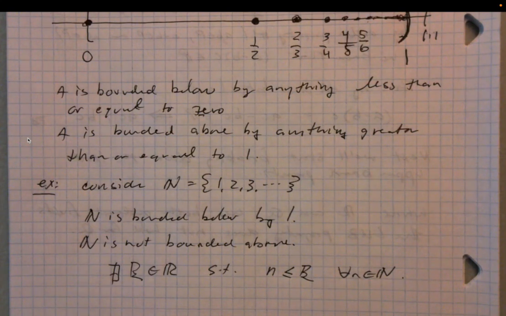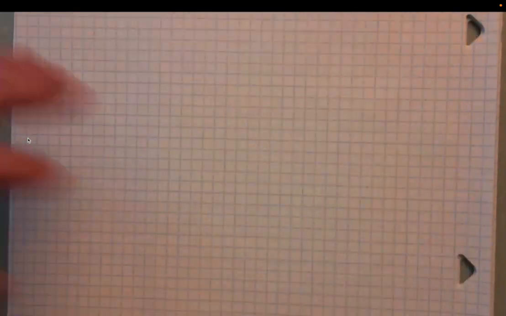So you have to be very careful in real analysis, give something a second look, and be willing to fall back on the definitions. In this case, we can say that N is not bounded above because there does not exist a beta in R such that n is less than or equal to beta for all natural numbers. Okay. One more example.